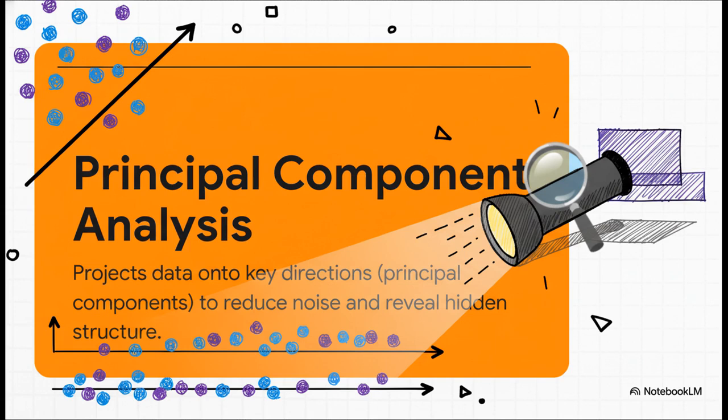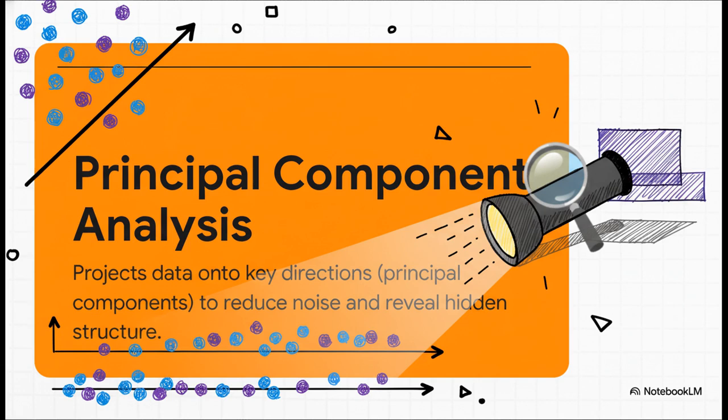What PCA does is brilliant. It analyzes a massive data set and finds the most important directions, the directions where the data varies the most. And then it uses vector projection to cast a shadow of the entire dataset onto just those few key directions. It's literally a process of finding the most informative shadows to cut through the noise and reveal the true structure hidden inside.